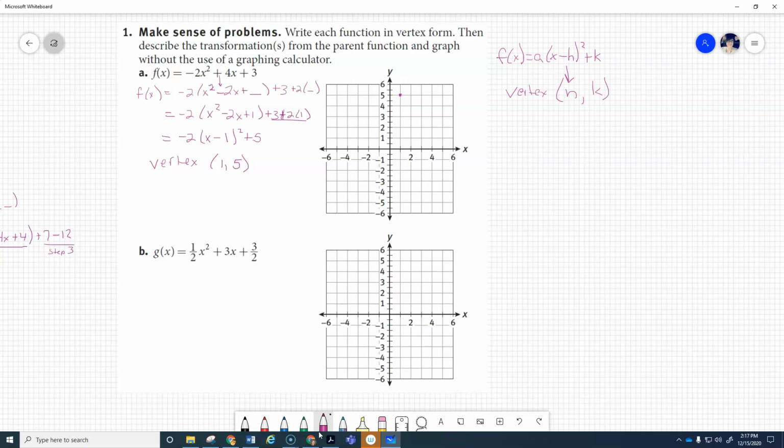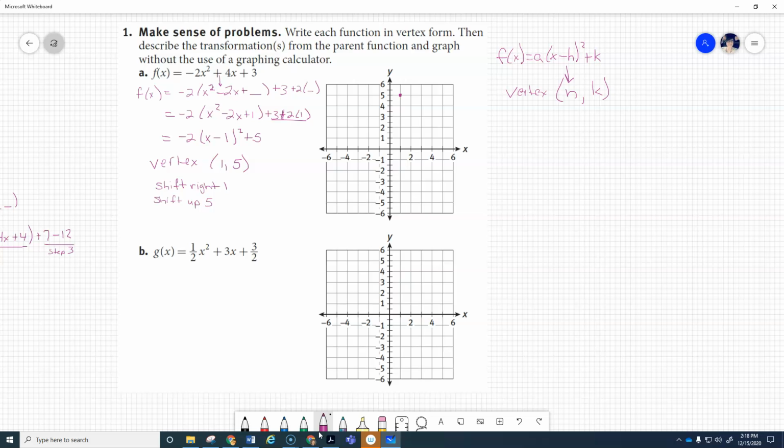There's the vertex. Well, the other transformations: we said this was a shift right 1 because h was positive. Shift up 5.